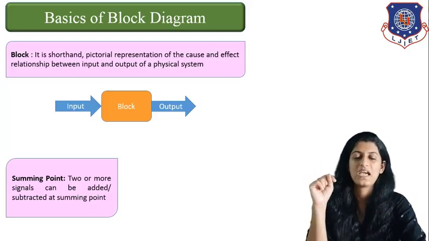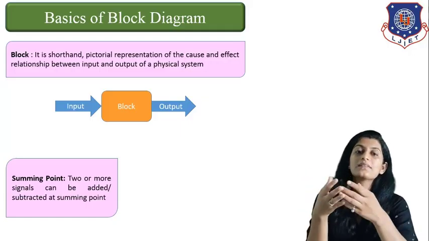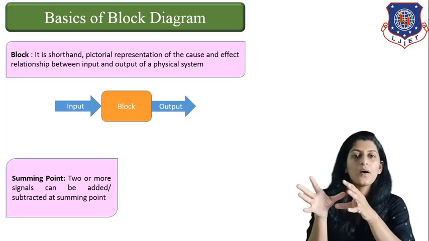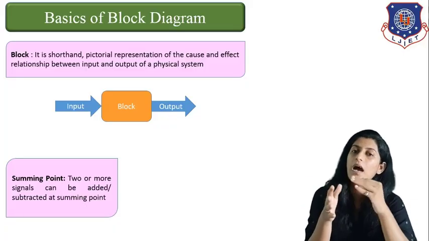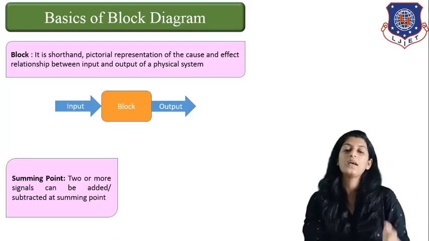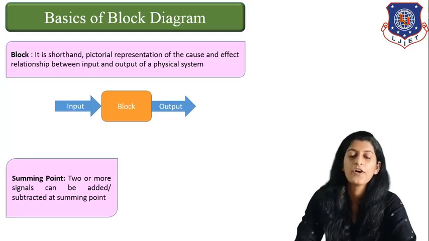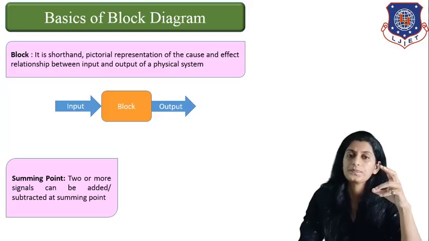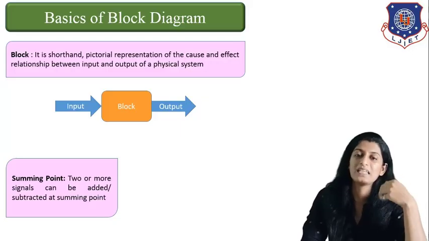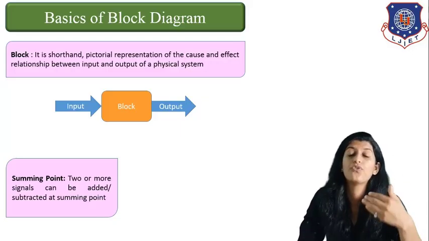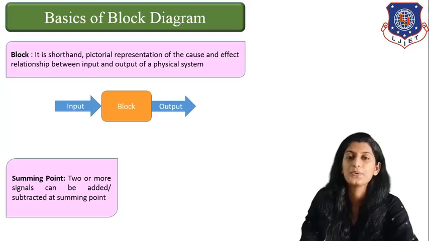Sometimes the input given by us is taken by some portion of the system, and from that particular element an output is given, which is then contributed to another element of our system. So there are points where more than one or two elements can behave as input for our given element. In that particular case, we use a summing point.